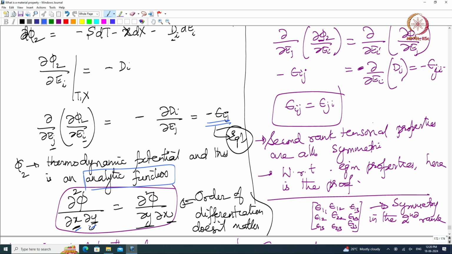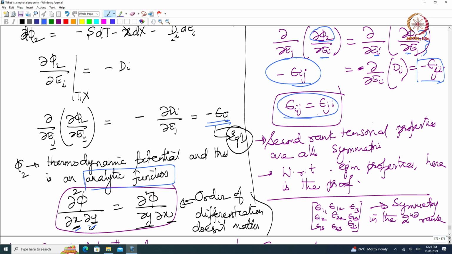Based on that we differentiated phi 2, the thermodynamic potential, with respect to Ei first and Ej next, and obtained epsilon ij or minus epsilon ij. Even if I exchange them, differentiating with respect to Ej first and then Ei, I still get minus epsilon ji, and just the fact that these functions are analytic means that these two should be equal, or epsilon ij should be equal to epsilon ji.